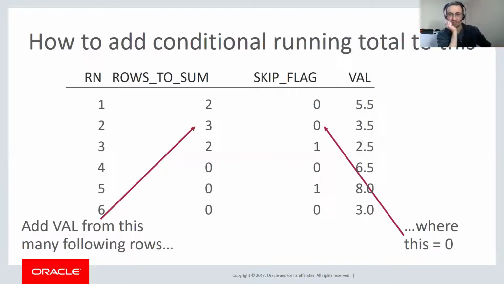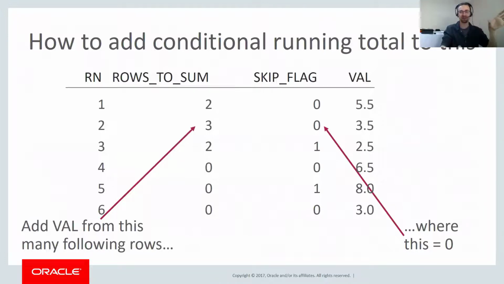With analytics, you should probably build nulls from the rows with skip flag equals 1, and then use lead n with ignore nulls to find the last row for the group. Can you expand on what you mean there, Judith? Another one of the challenges here as well is that you always need to include the value from the current row. You can do that by looking from the next row.